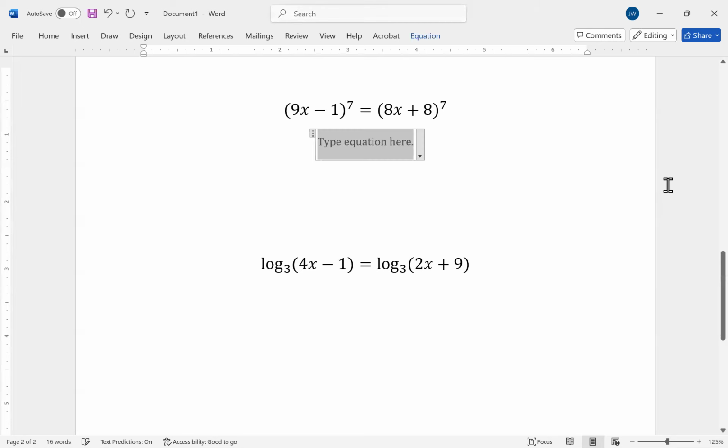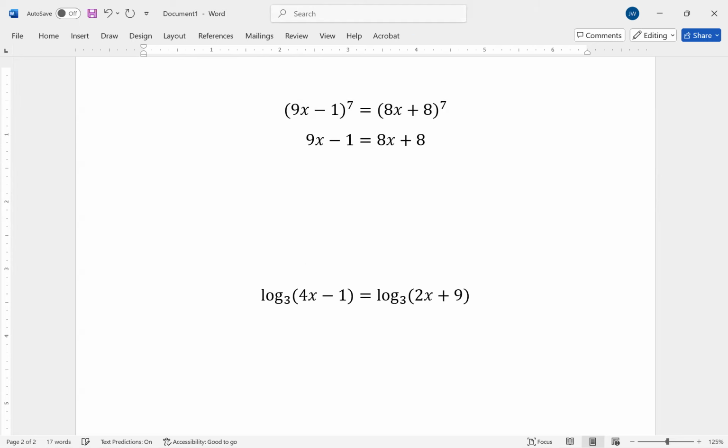In this first case, we have the same exponent of 7. Now, I have to be careful that the entire left-hand side is being raised to the 7th power, and the entire right-hand side is being raised to the 7th power in order to do this next trick. But if I do have this scenario, then I can simply set 9x minus 1 equal to 8x plus 8.